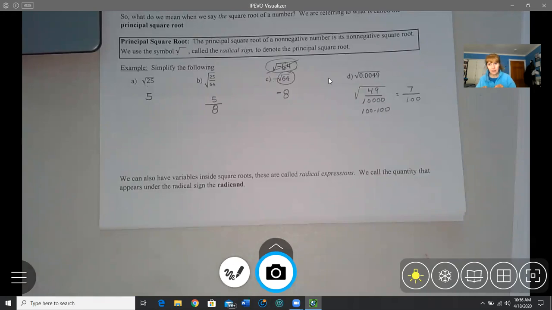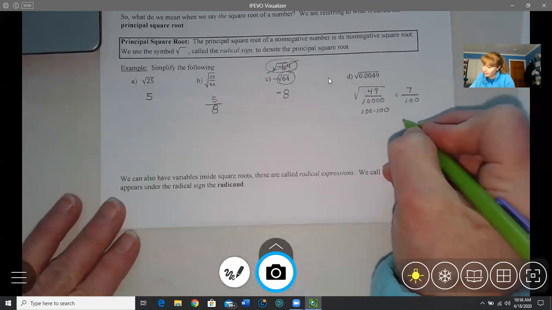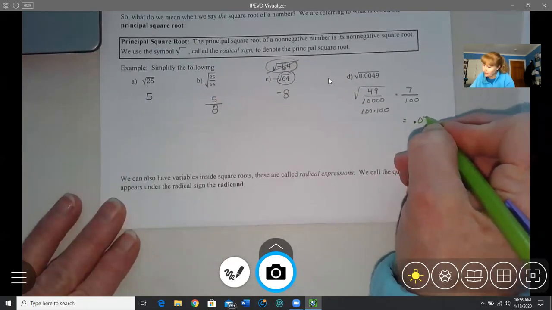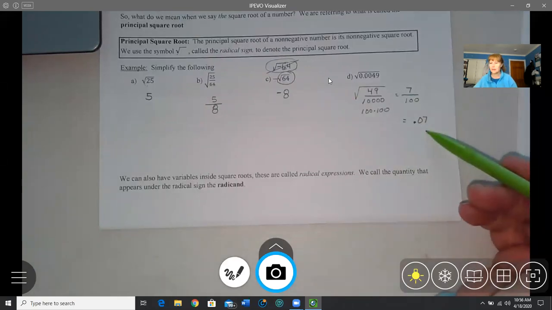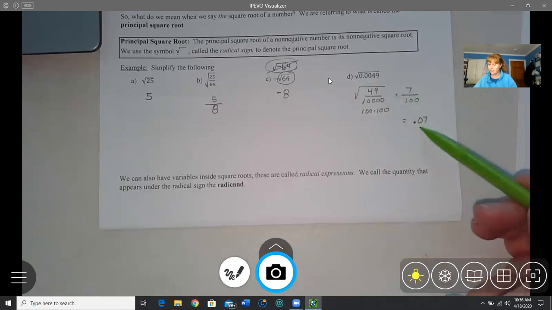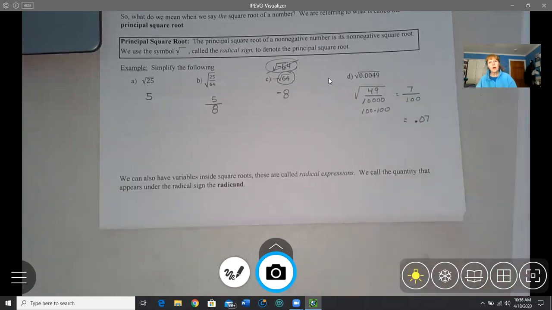Now your calculator probably didn't give this to you as a fraction, 7/100. It probably gave you the decimal, which is the same. But now you kind of see how you go from here to here.